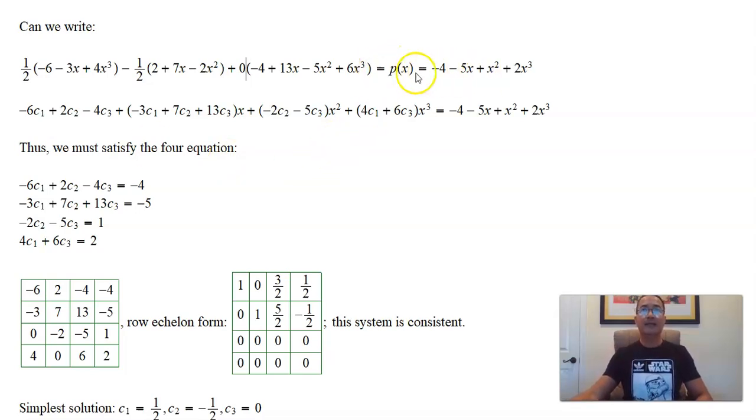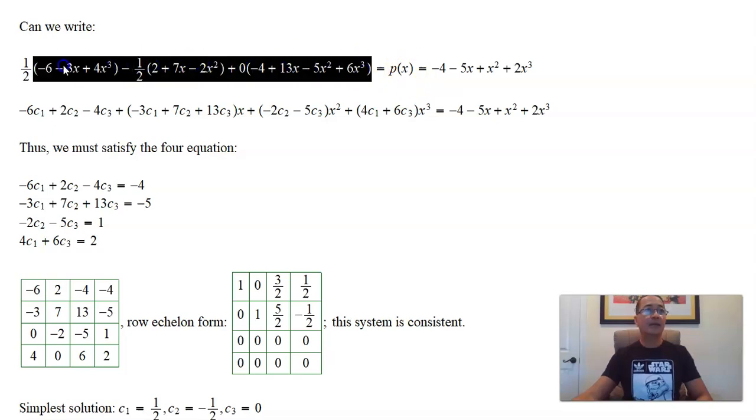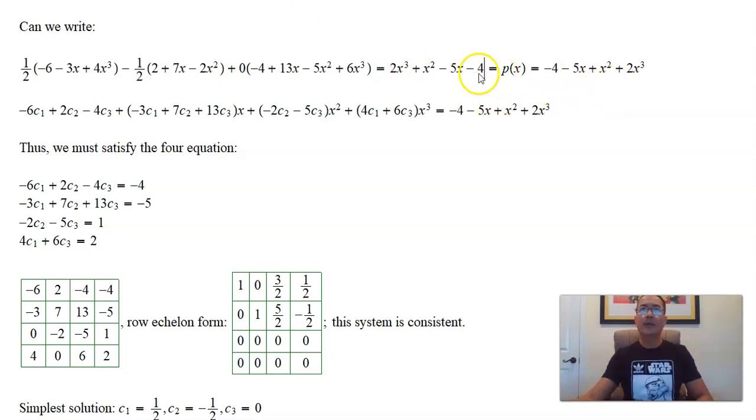Do we get this as our linear combination once the dust settles? Maple has this funny thing of arranging the terms in decreasing order, because that's usually how we teach it in basic algebra. So there's 2x cubed, x squared, minus 5x. It works. So yes, this p of x is part of the span.